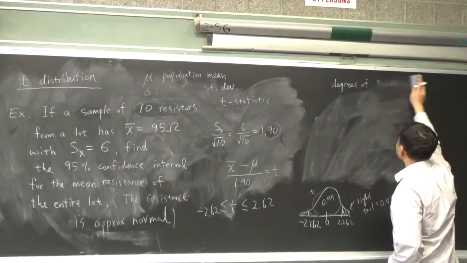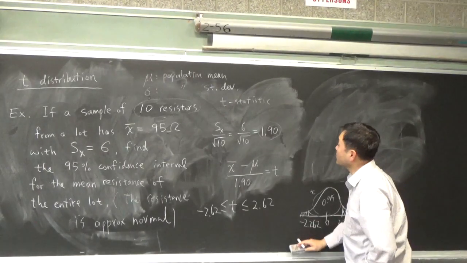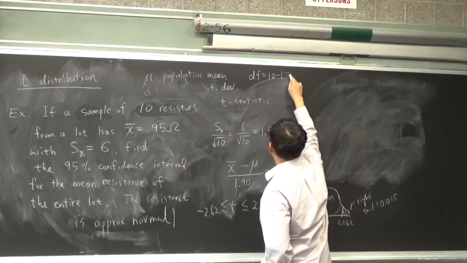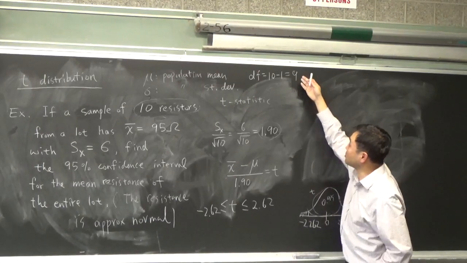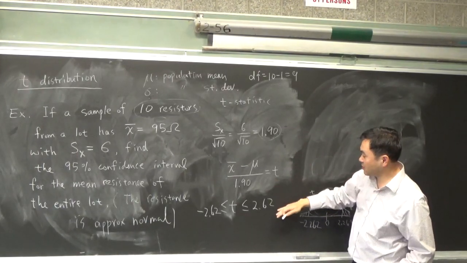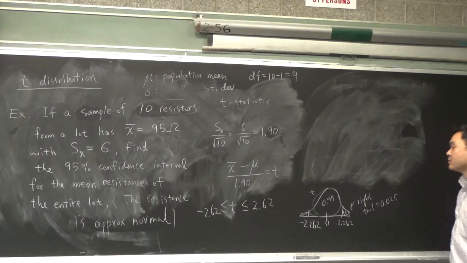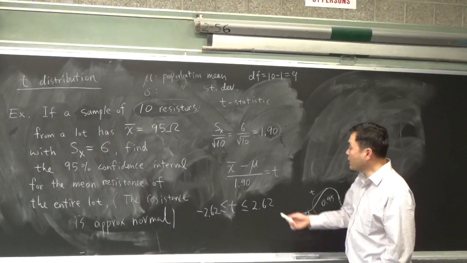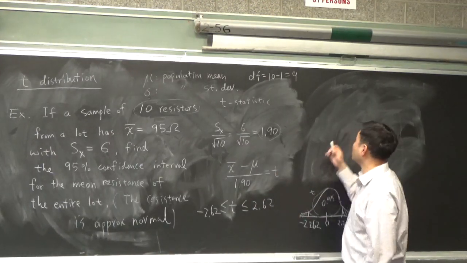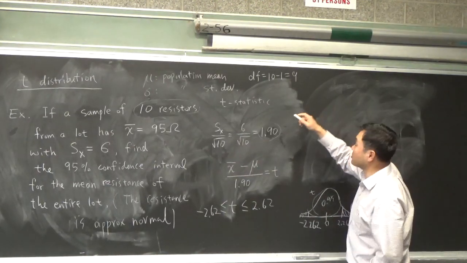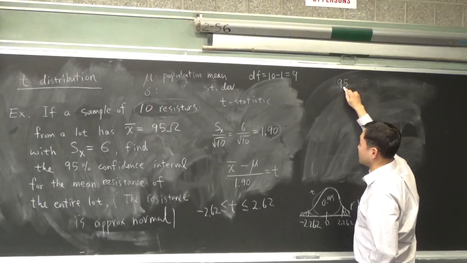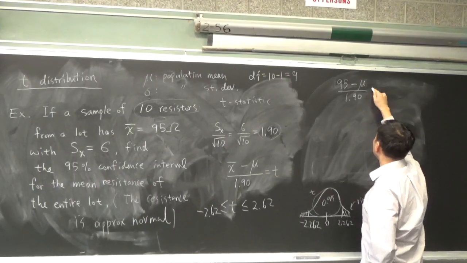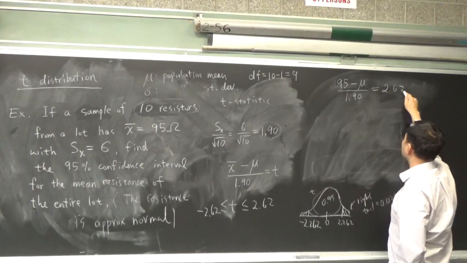So we're almost done. Let me still write down df equals 10 minus 1 equals 9, because this is what you used to solve. Okay, so let's see what happens when this is equal to 2.62. So x bar, we have it as 95. So 95 minus mu over 1.90 equals 2.62.